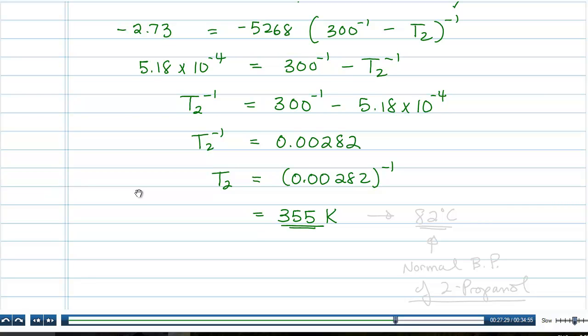Now to put that into some terms that are more familiar to us, I'll just convert it back to the Celsius temperature, and it's 82 degrees Celsius. I don't know if you recall that from grade 9 science, where you did find the boiling point of 2-propanol, but this is the number that we listed back in grade 9. So this is the normal boiling point of 2-propanol.